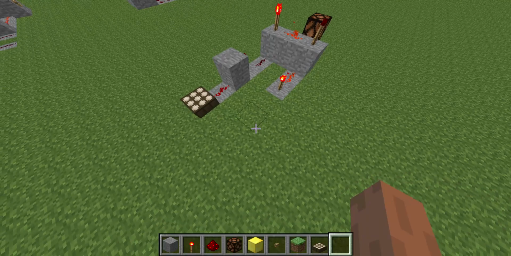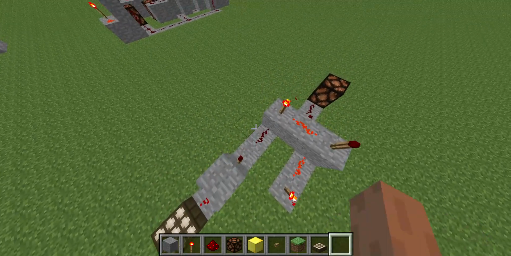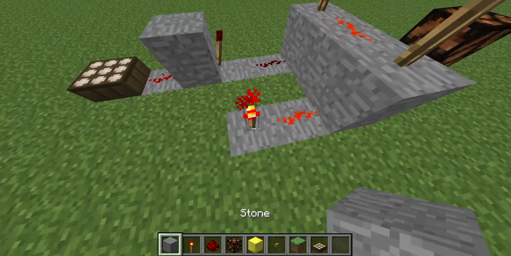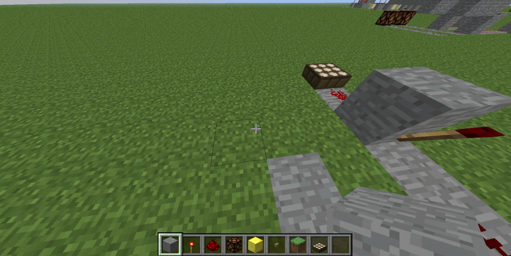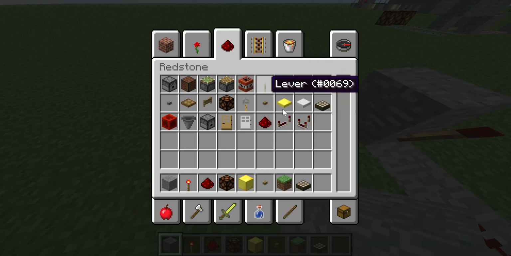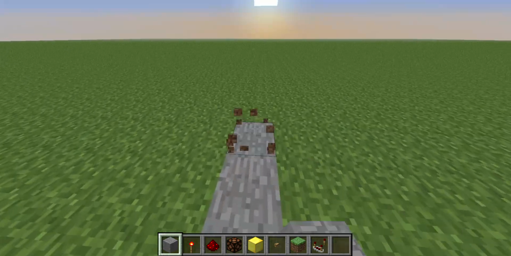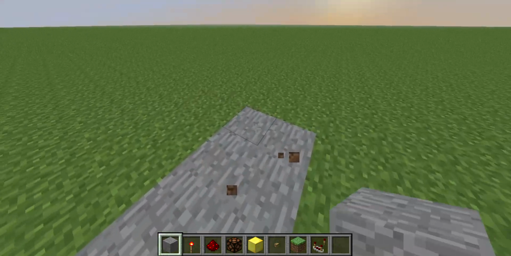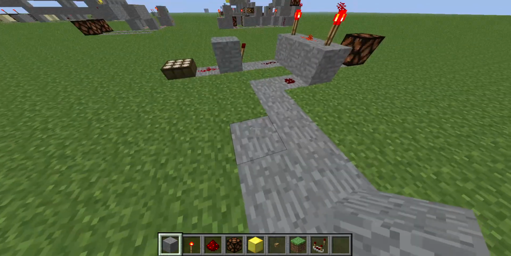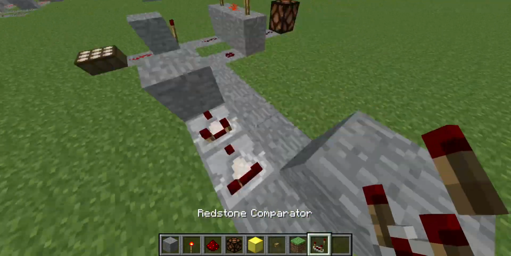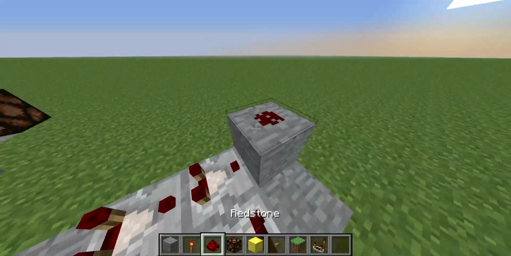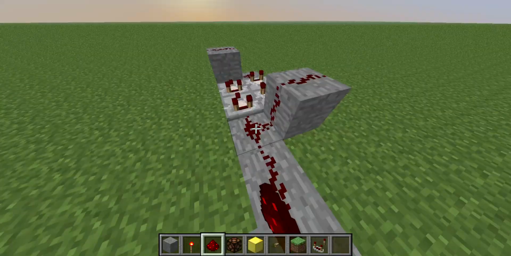You would have to have a sensor, okay? And let's have this represent our battery. One, two, bam, bam, bam, bam, bam.